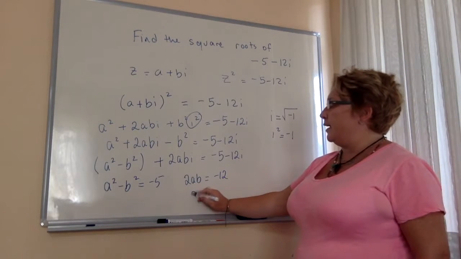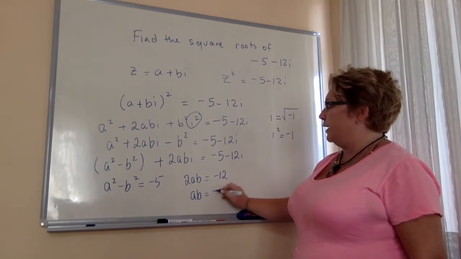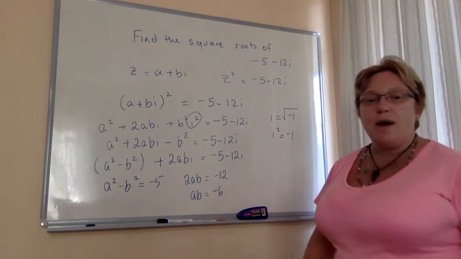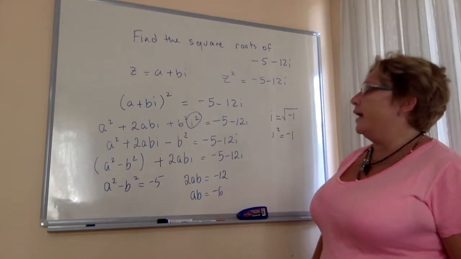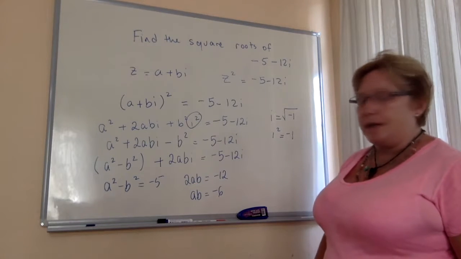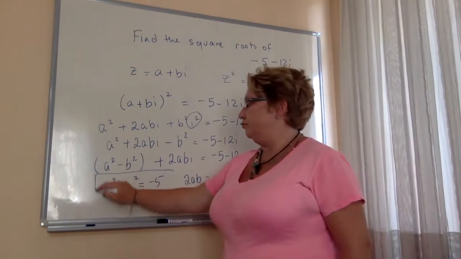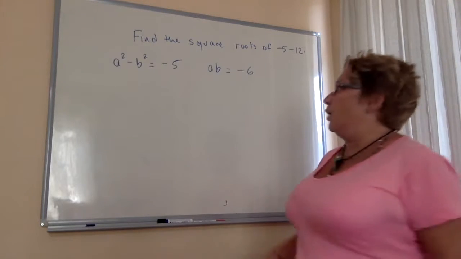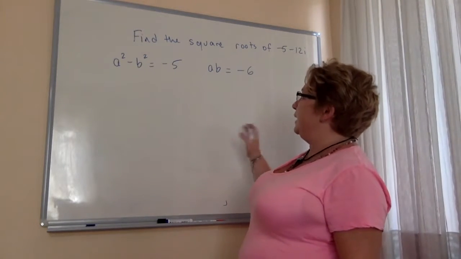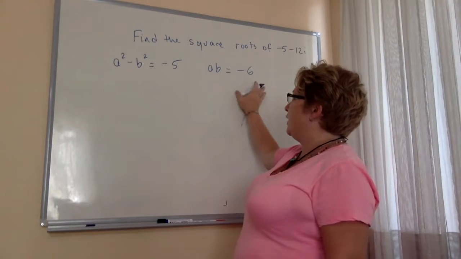So from this, I get ab equal to negative 6. So now I've got two equations and two unknowns, and I'm looking for a and b that satisfy these two equations.